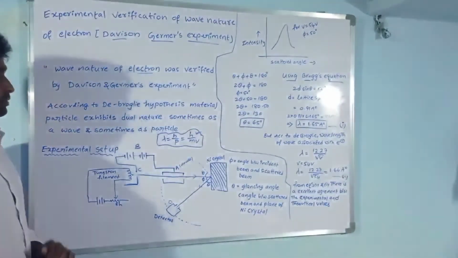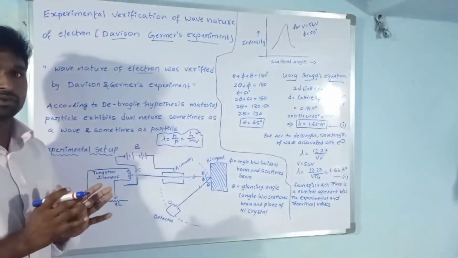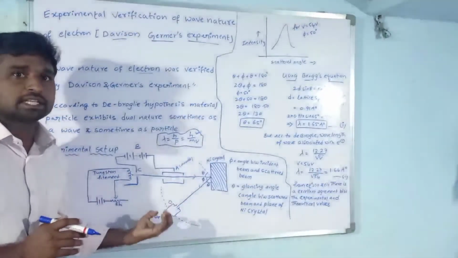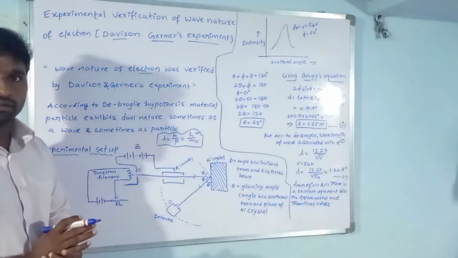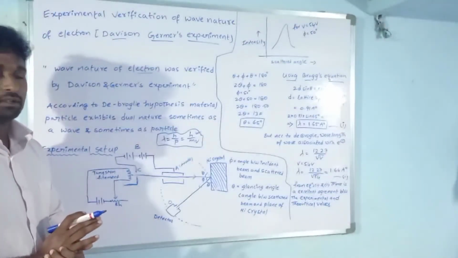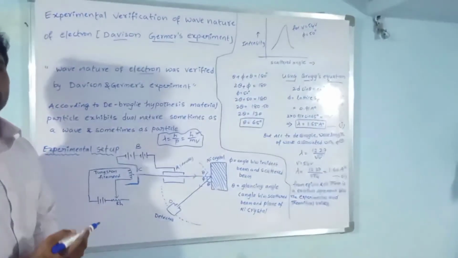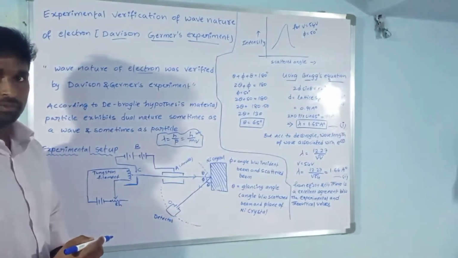Now at which angle will we get maximum intensity of the electron beam?